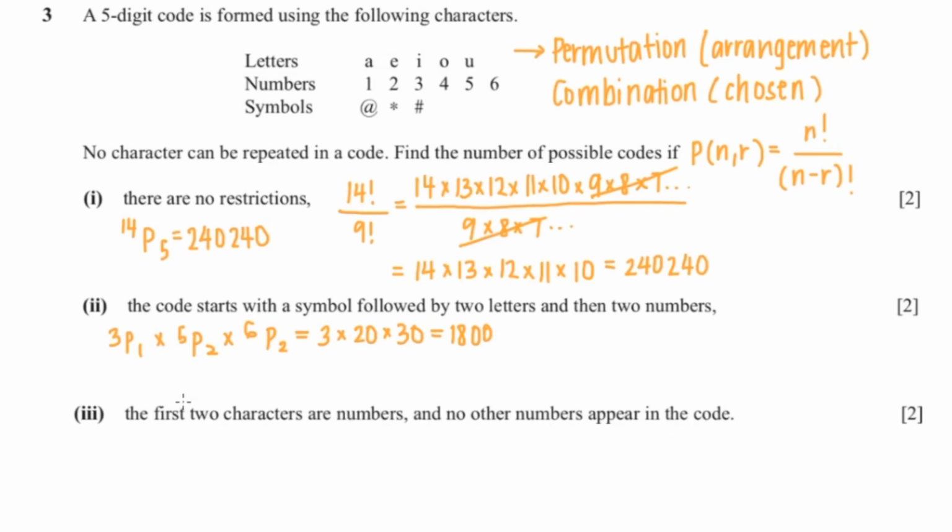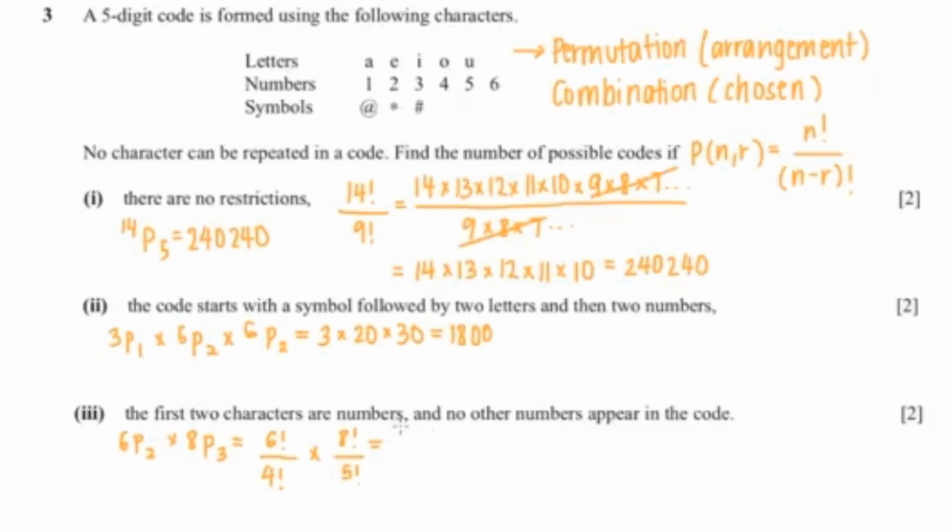Now the last question says that the first 2 characters are numbers, so that is 6P2 multiplied with the other characters, which is 8P3. 6P2 is 6 factorial over 4 factorial, multiplied with 8 factorial over 5 factorial.